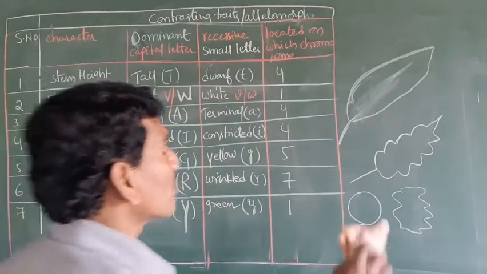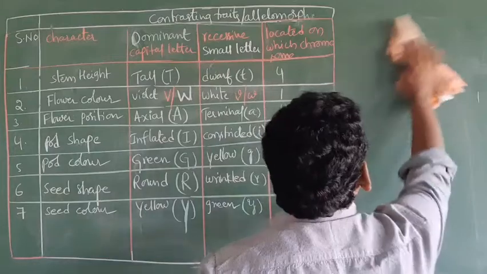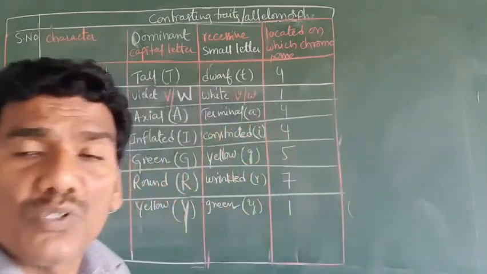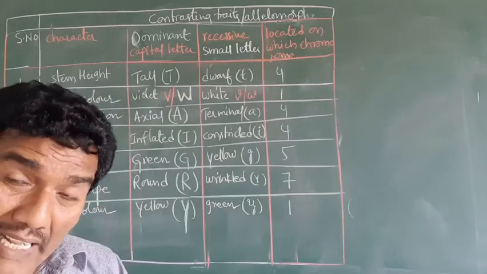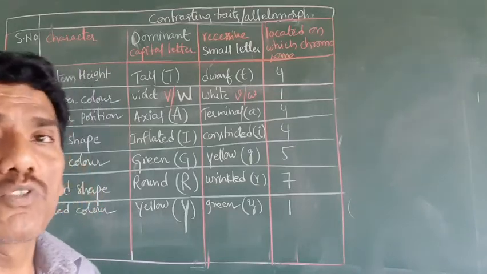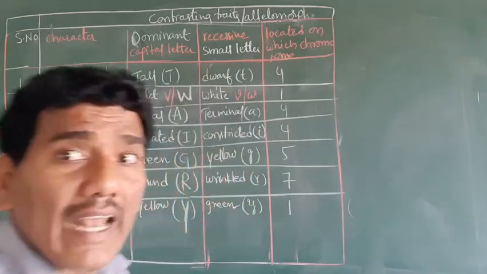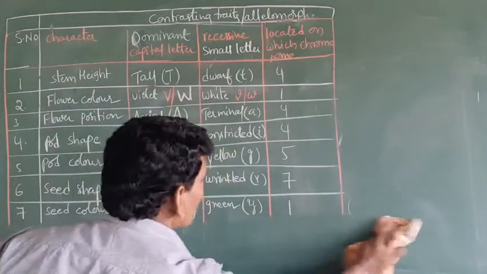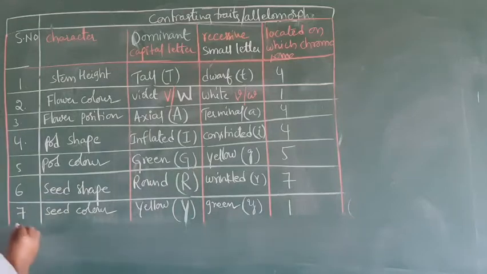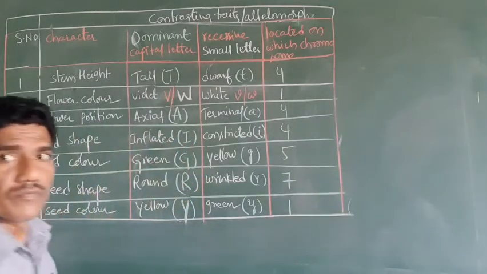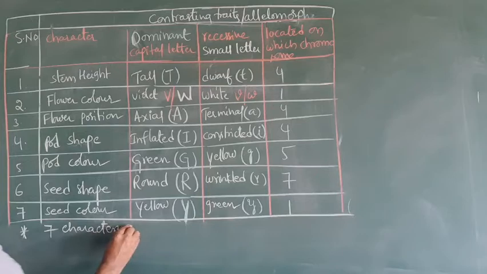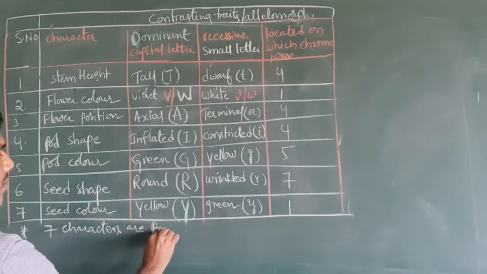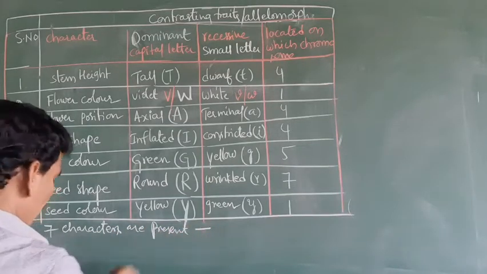One more important point regarding this table: the 7 characters are present on 4 chromosomes. Present on how many chromosomes?